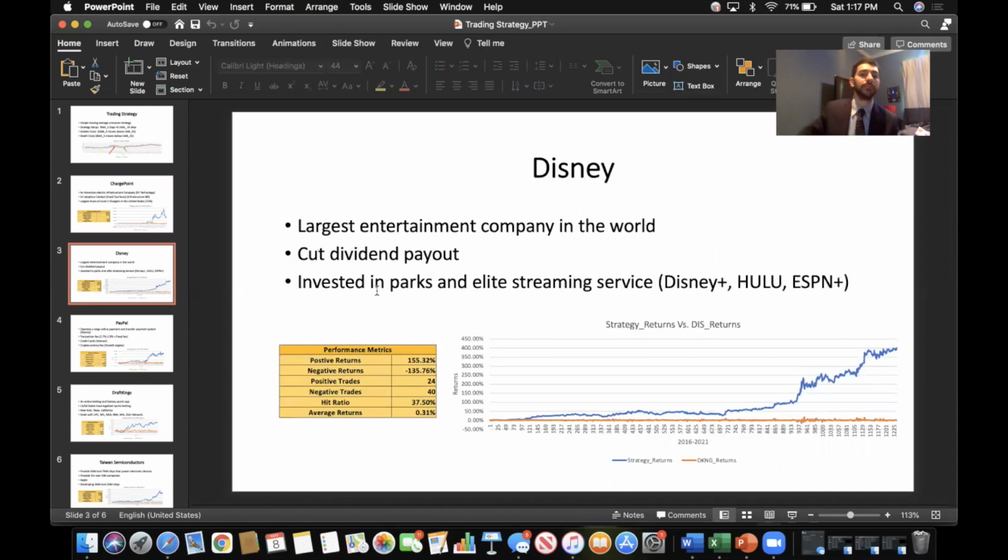Now we have Disney. Disney, well, who doesn't like Disney? But right now we're thinking this is going to be a recovery play, which will definitely help out. The company recently invested 4 billion into their parks last year and added the streaming services of Disney Plus, Hulu, ESPN Plus. Combined, they have about 100 million subscribers, and right now, according to Disney's 10K, they're not profitable.